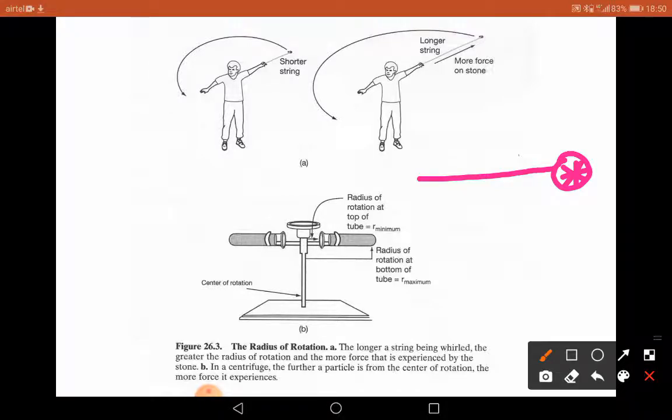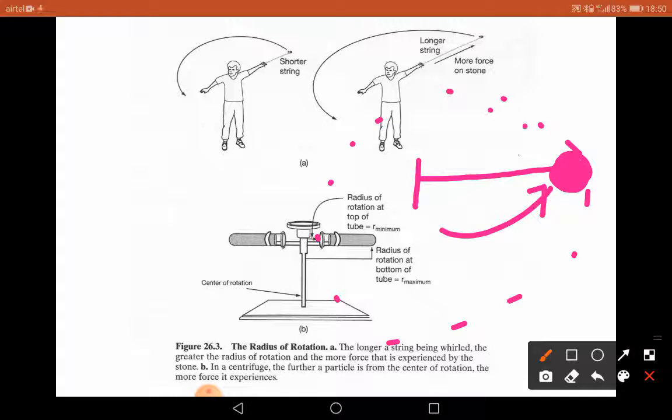Keep it over your head and try to rotate it. The stone, or whatever dense material you have, tries to move away from the center. I think you must have played this kind of game, and this force we call centrifugal force.